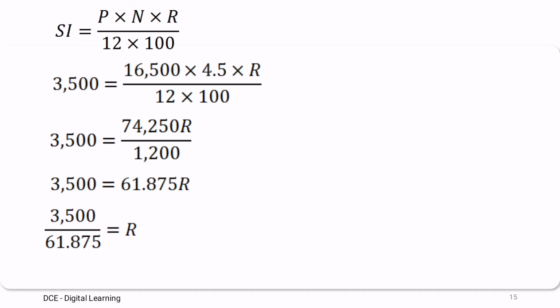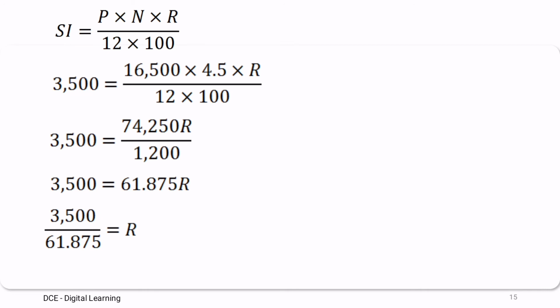Now 61.875 goes from right hand side to left hand side. Since between R and 61.875 there is a multiplication sign, if you bring it from right hand side to left hand side, it becomes a denominator, or the function of multiplication is replaced by the function of division.